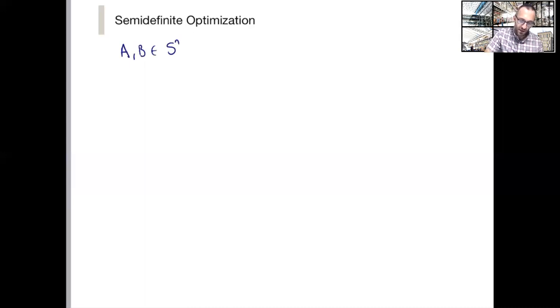Remember that if A is in S_n plus, in particular, that means that all of its eigenvalues are greater than or equal to 0. And sometimes I'll denote this by this curly greater than or equal to sign. And this induces an ordering.